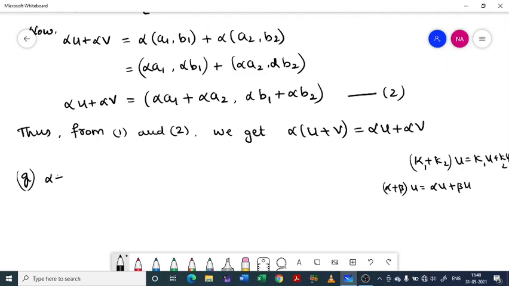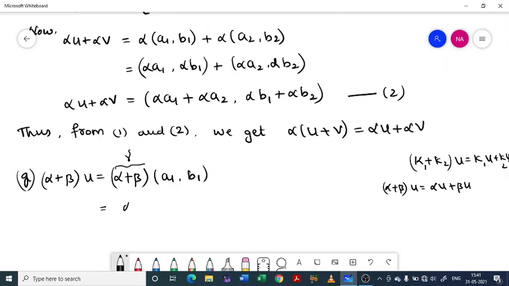Let's consider this one. Alpha plus beta times of U, where U is A1 comma B1. So this is just like a single scalar, so you can take gamma. So gamma times of A1 comma B1 equal to gamma A1 comma gamma B1, right?